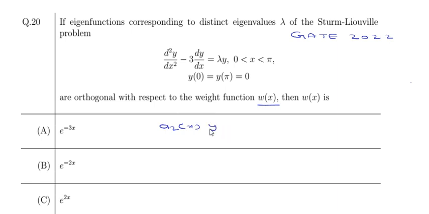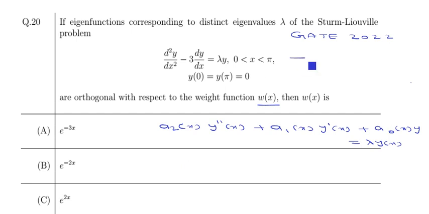a2 of x y double dash of x plus a1 of x y dash of x plus a naught of x into y is equal to lambda into y of x.